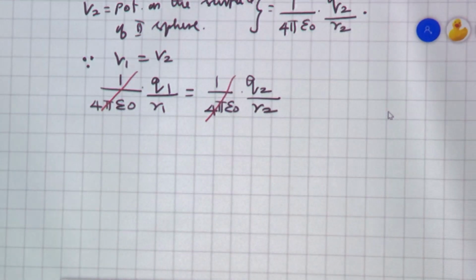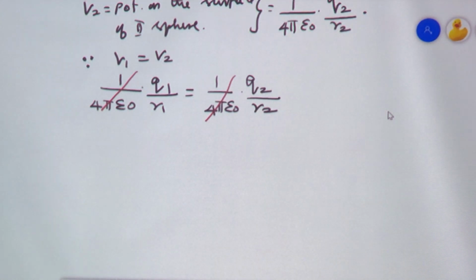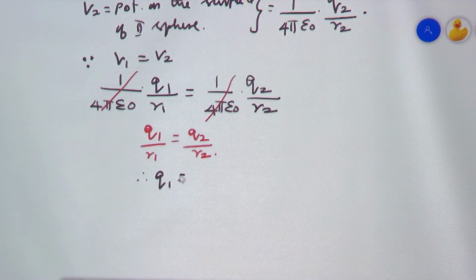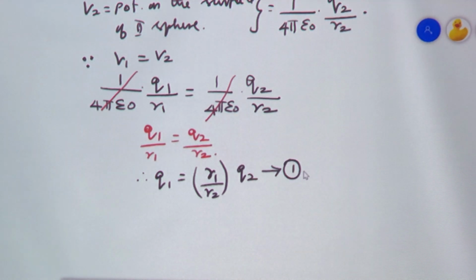So I get Q1 divided by R1 is equal to Q2 divided by R2. From this equation, I can calculate the value of Q1. Therefore, on cross multiplying, Q1 is equal to R1 divided by R2 multiplied with Q2. Take this as equation number 1.